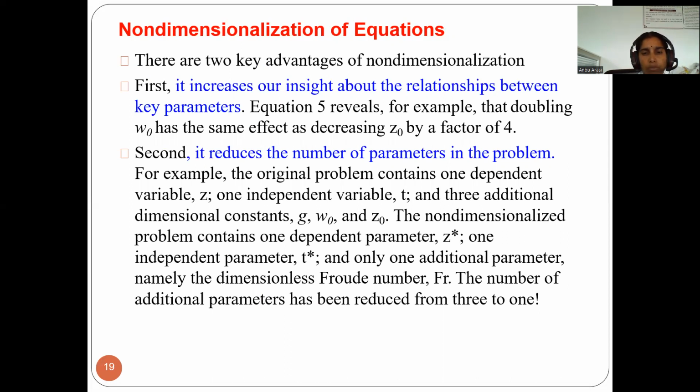The original problem contains one dependent variable z, one independent variable t, and three additional dimensional constants g, w0, and z0. The non-dimensionalized problem contains one dependent parameter z, one independent parameter t, and only one additional parameter, namely the dimensionless Froude number. The number of additional parameters has been reduced from 3 to 1.